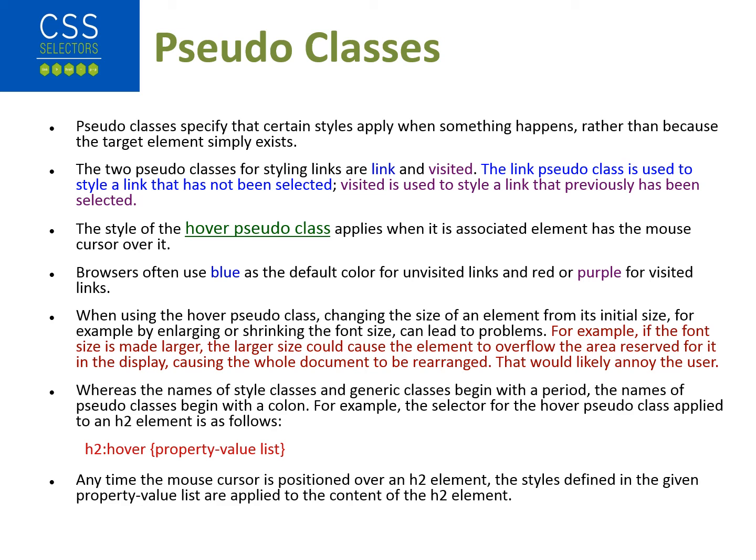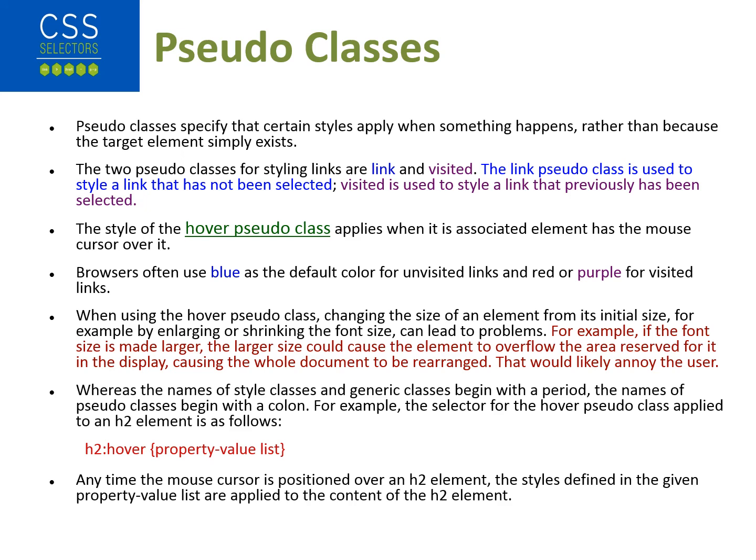Visited is used to style a link that previously has been selected. The style of the hover pseudo class applies when its associated element has the mouse cursor over it. So this type of style is defined for some event, that is, if any change occurs in some part of the web page, then this corresponding style should happen.